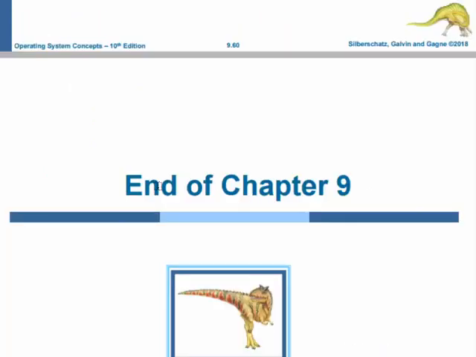In summary, we have learned in module 4 that memory is a very important component and very central to the operation of a modern computer system, which is composed of a large array of bytes, each with its own address.